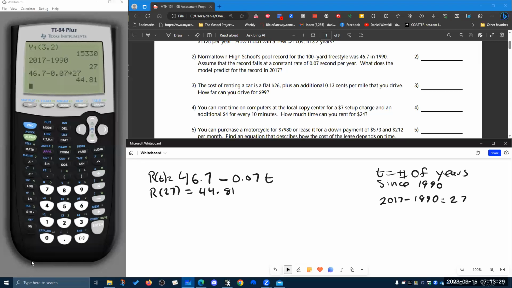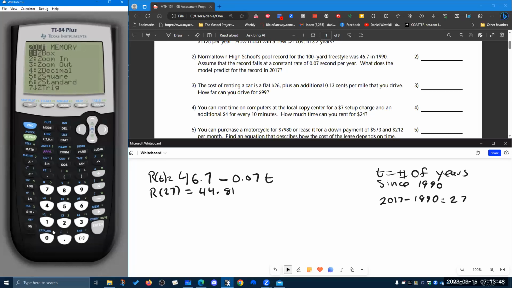But if I graphed this, let me just go ahead and graph this model, you'll see that it leads to something absurd eventually. So 46.7 minus 0.07x. I'm going to zoom 0 here.